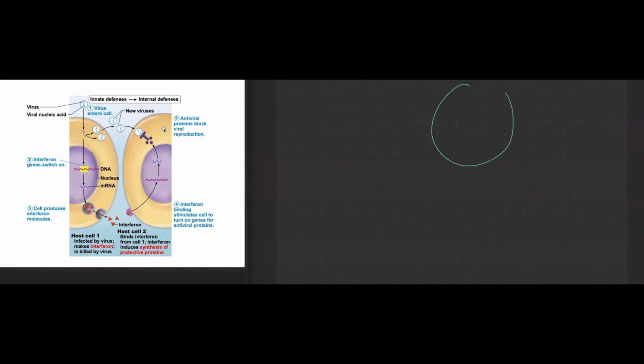So for example, if this is my infected cell, this is a virus on the inside, and it did release the interferon. This is a tissue macrophage sitting around. So the macrophage, when it detects that there is an interferon, comes and ingests the whole cell.